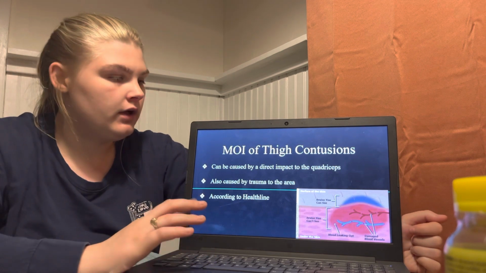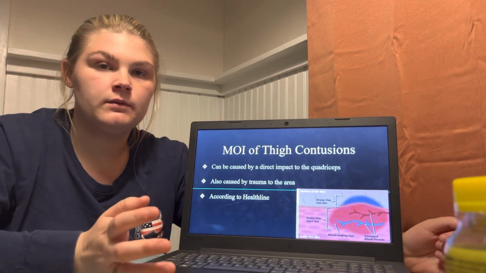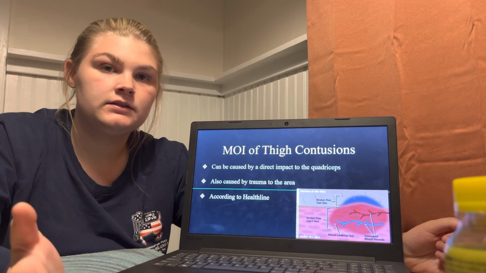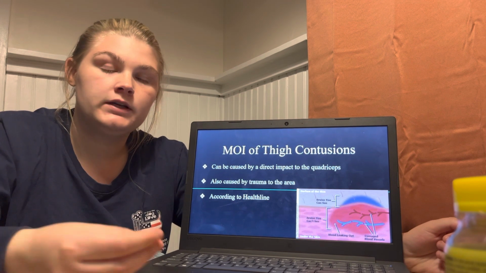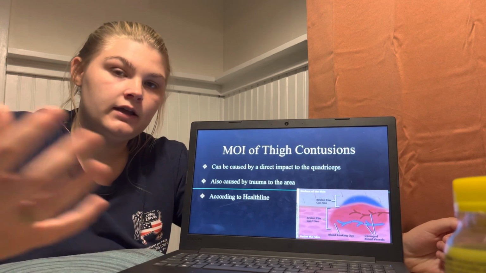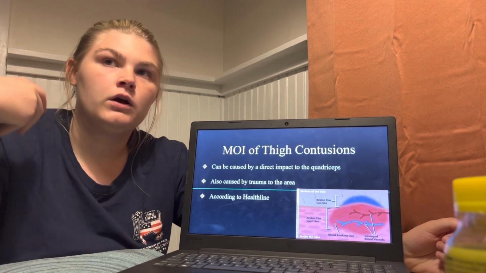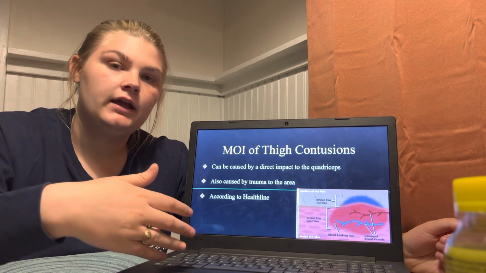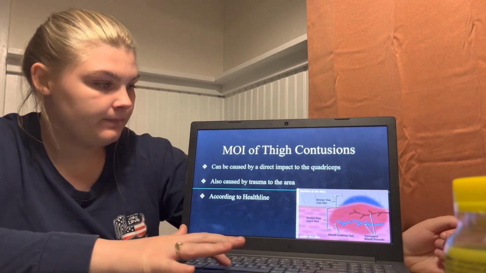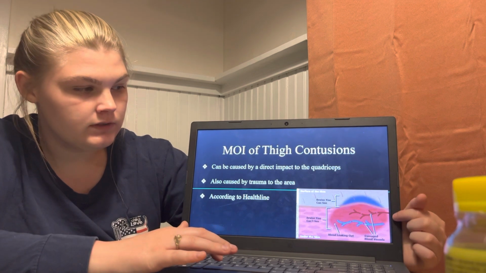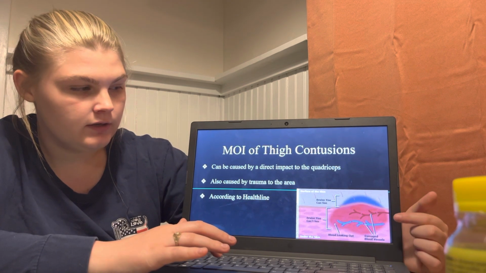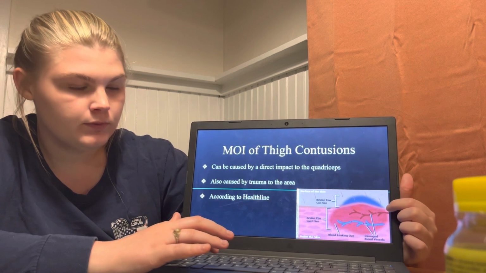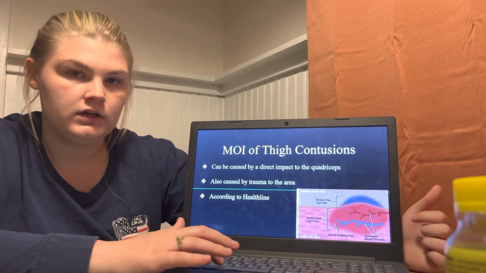An example of a direct impact to the quadriceps would be a linebacker or a defender going into offense, hitting their thigh with their helmet or their leg, causing a thigh contusion. This picture really shows how a thigh contusion is developed. This is the bleeding underneath the skin, and this is the bruise-like effect that you see on top of your skin.